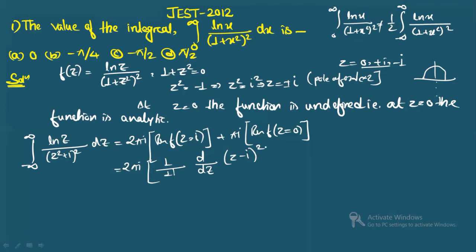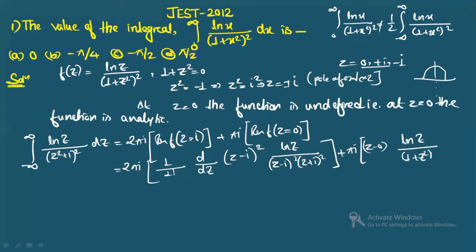This is what you will have. And here you are having the function that is ln z by (z minus i) whole square (z plus i) whole square. All right. And this side, the residue at z equals 0. So this is simple. You will just write z minus 0, yes or no? This is ln z by the function (1 plus z square) whole square.